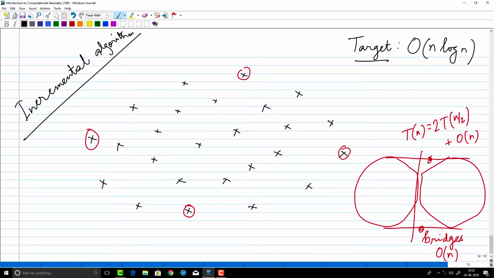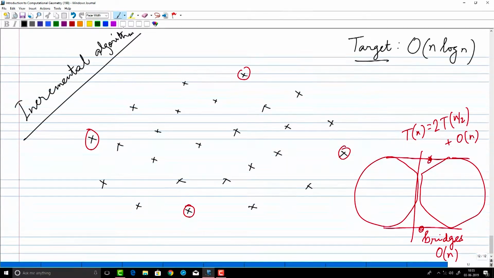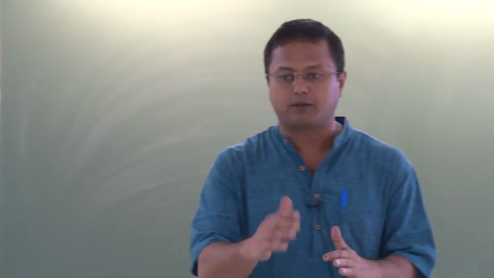An incremental algorithm is like, I will keep on adding points according to some order, and I will try to maintain the convex hull correct up to this point. So, I will insert points in a certain order, and I will try to maintain the convex hull correct up to the last insertion, fine. And if I can maintain this correctness at each step, then when I finish, I know that I am done.